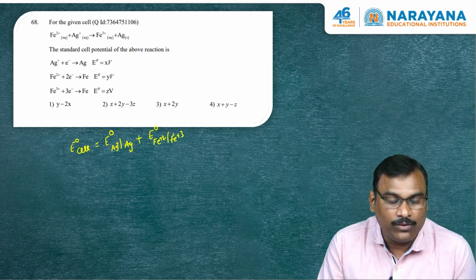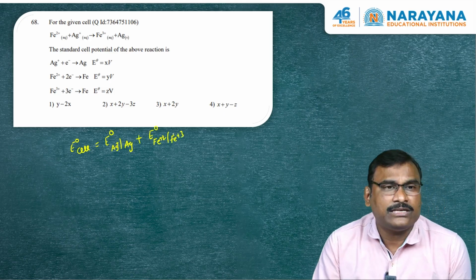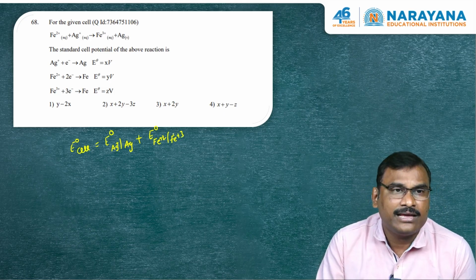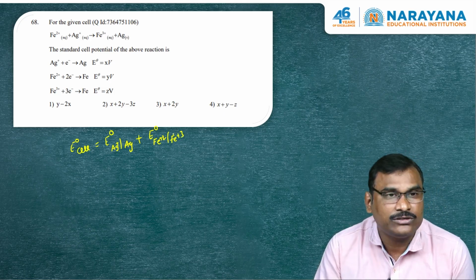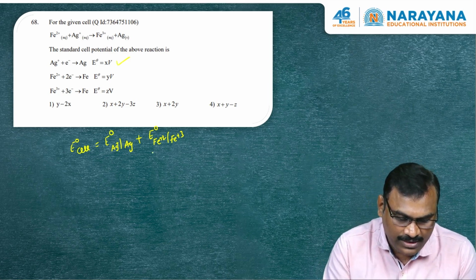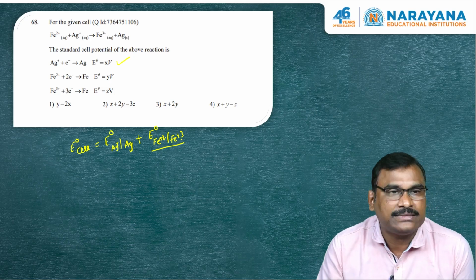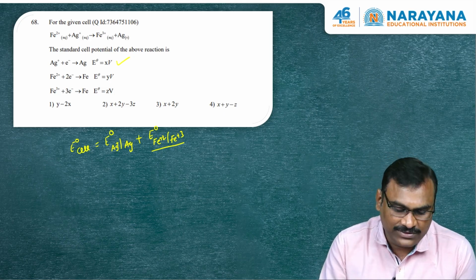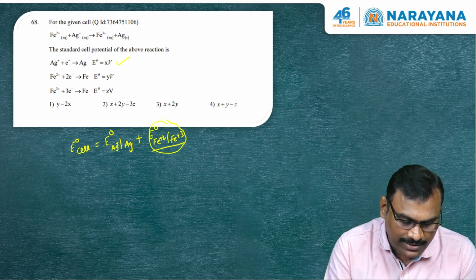So we should have the standard reduction potential of Ag and the standard oxidation potential for Fe2+ to Fe3+. But here Ag+ to Ag was given, but Fe2+ to Fe3+ is not there in the given statements. So first of all we have to find this out.